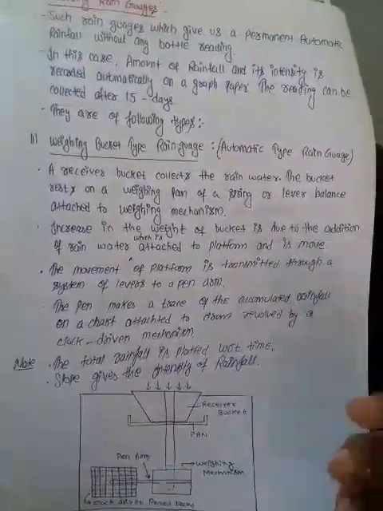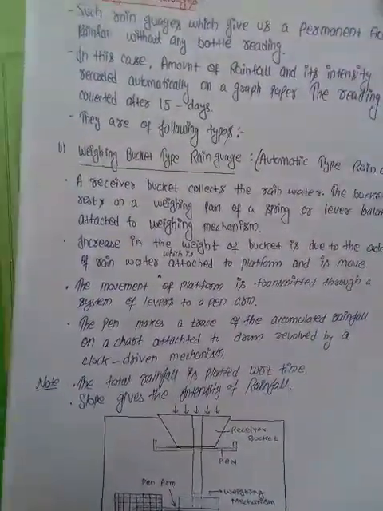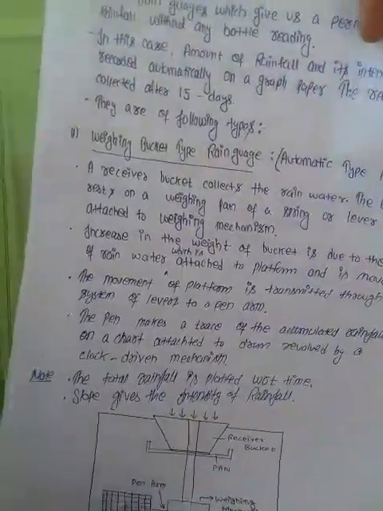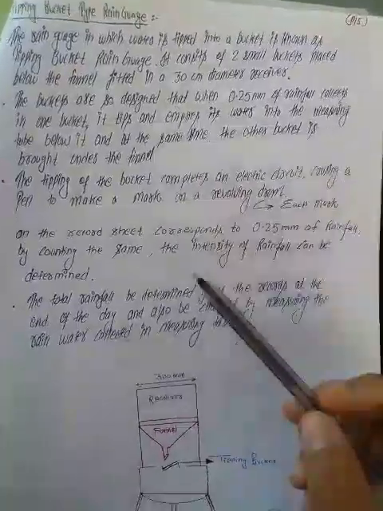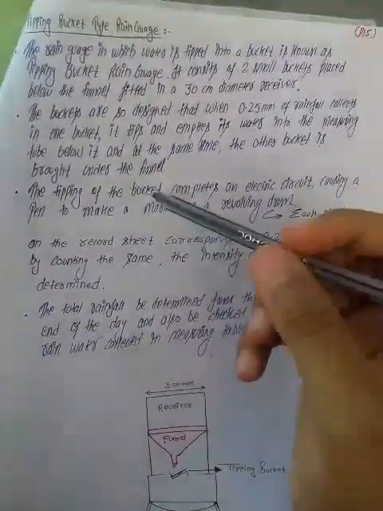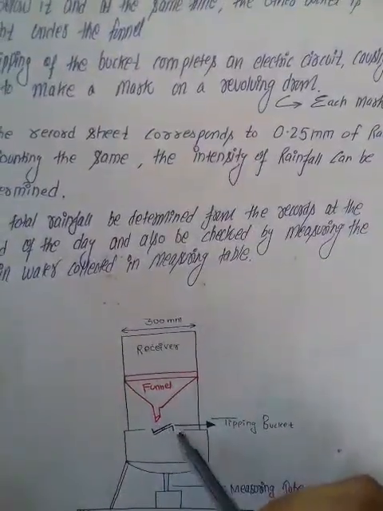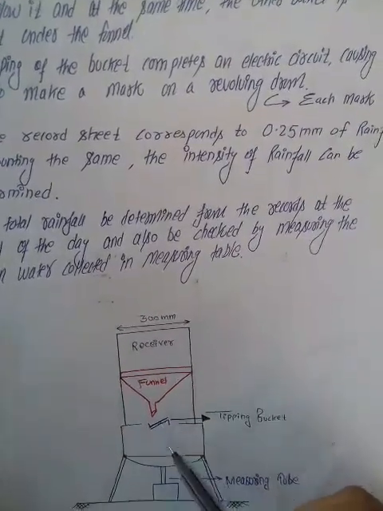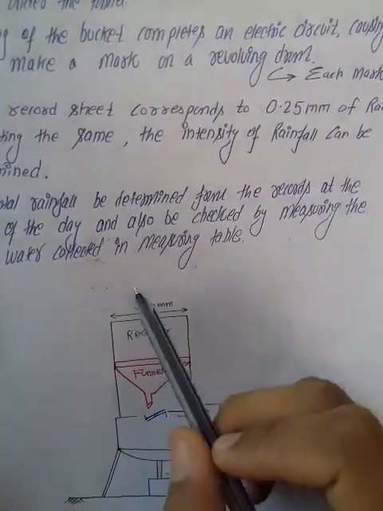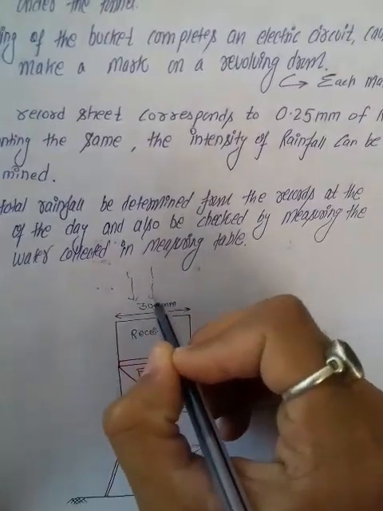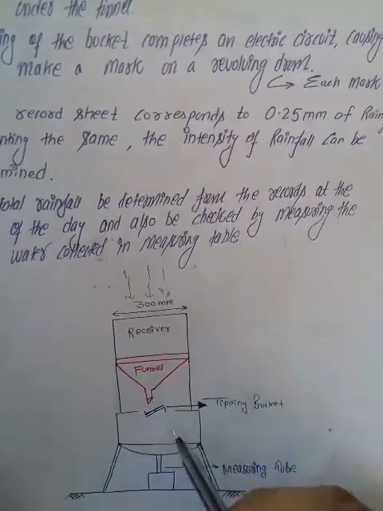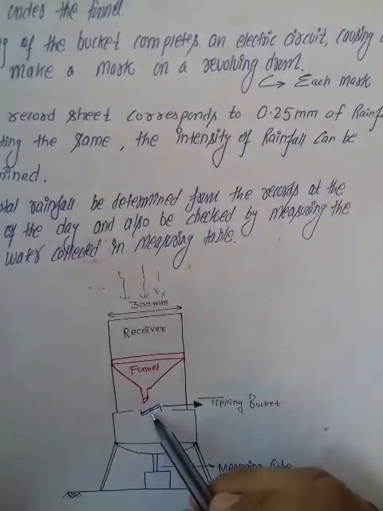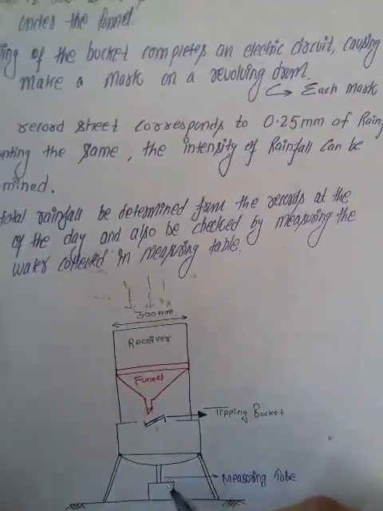Now we discuss the tipping bucket type of rain gauge. In this system, when the rainfall starts falling, it is collected into the funnel, by which the tipping bucket moves, and through the tipping bucket it is collected into the measuring tube.